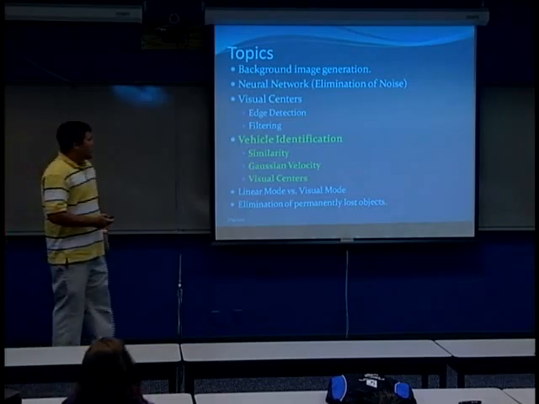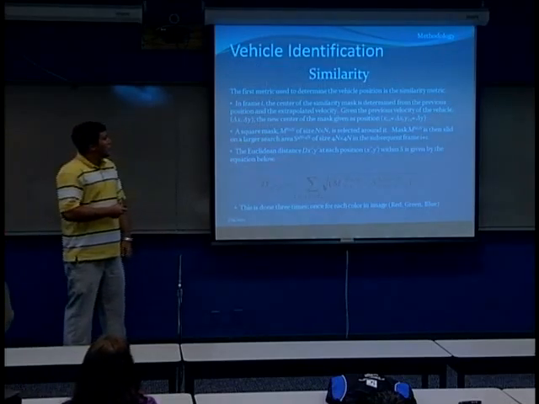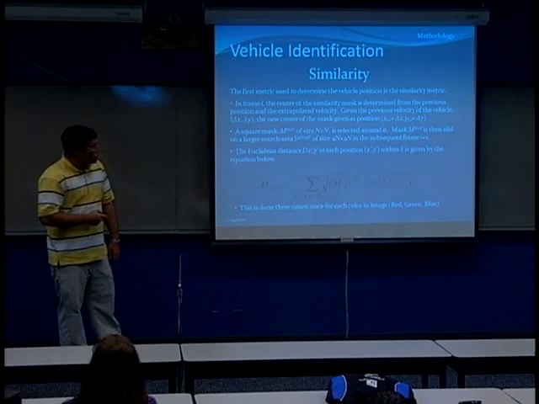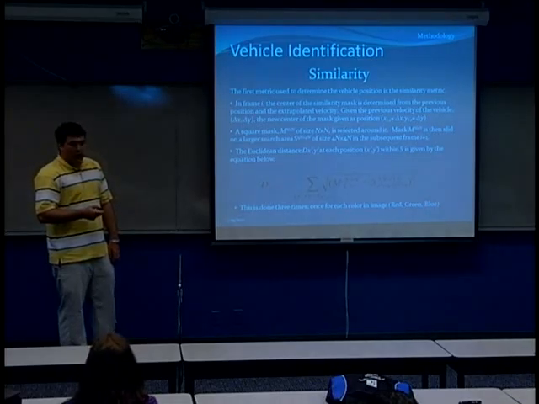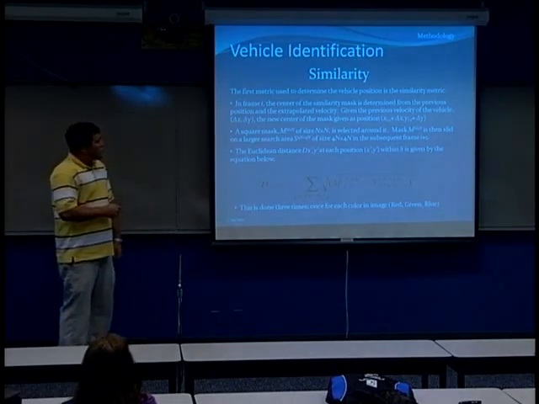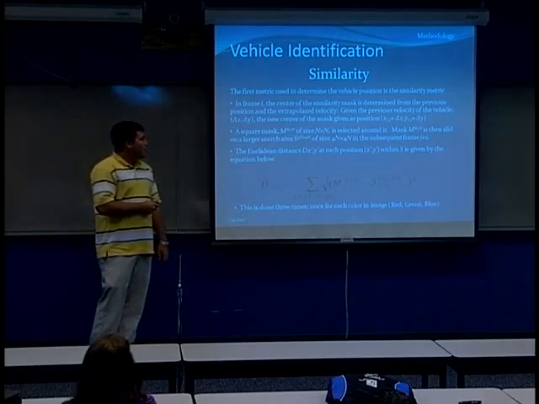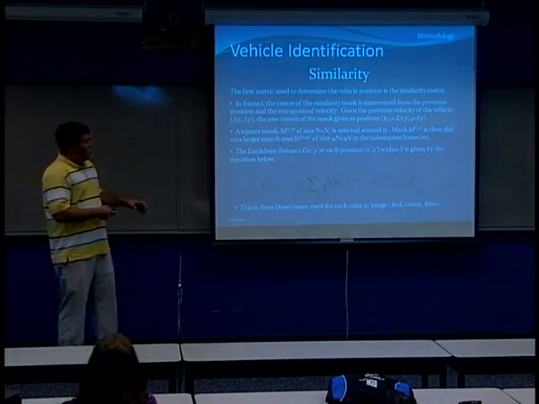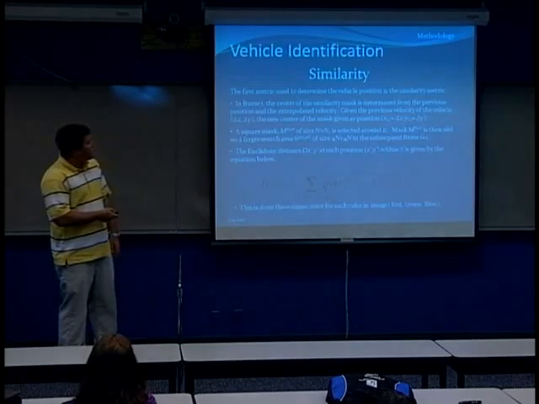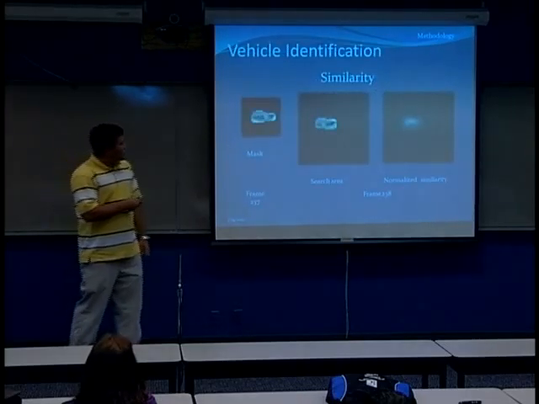And in order to identify vehicles, originally we used just a similarity. This is a little math heavy, but basically what we're doing is we're subtracting from our search area.